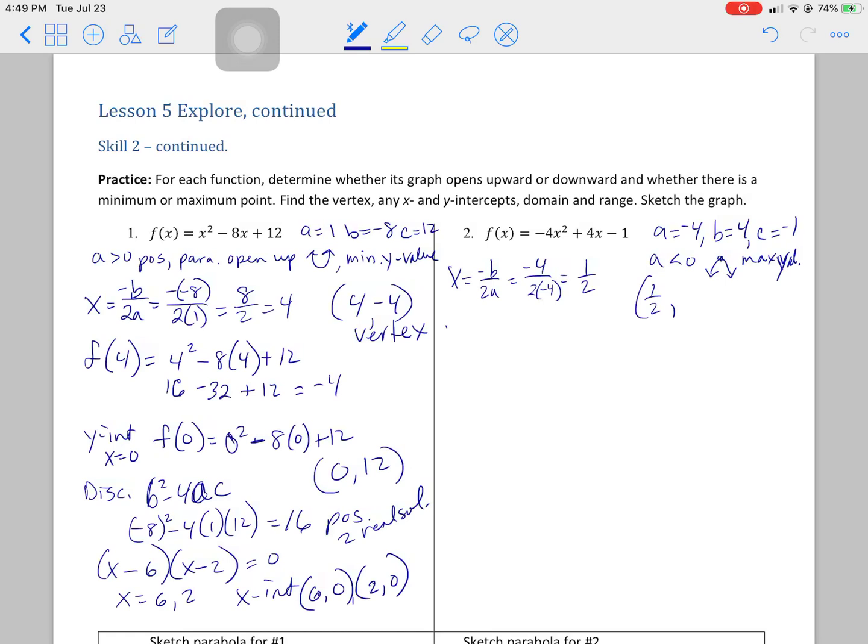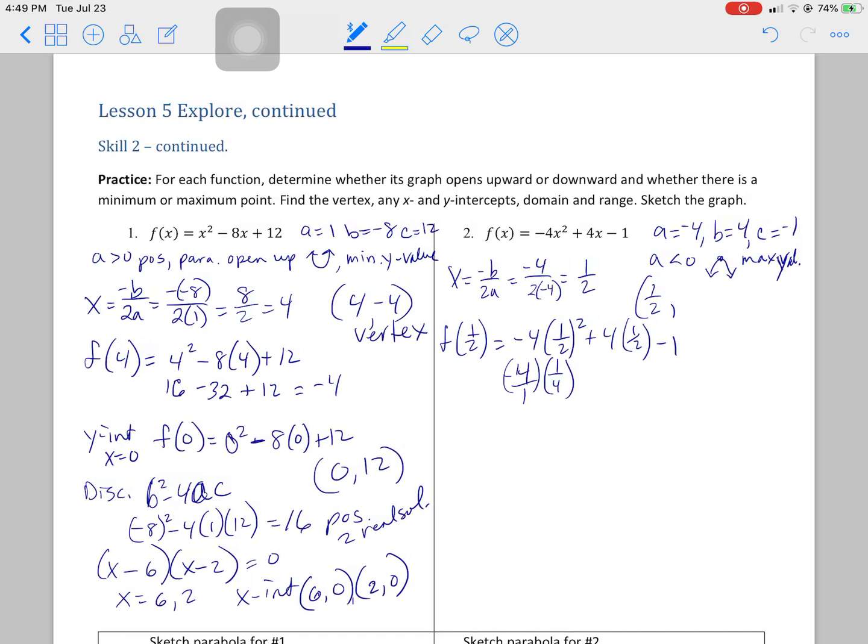And then the y, or the f of 1/2, would be -4 times 1/2 squared plus 4 times 1/2 minus 1. So be careful going through this. Order of operations says you must do the half first. So 1/2 times 1/2 is 1/4.